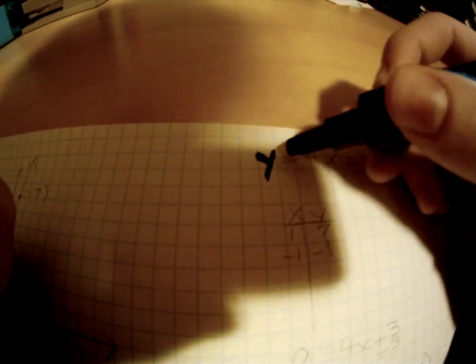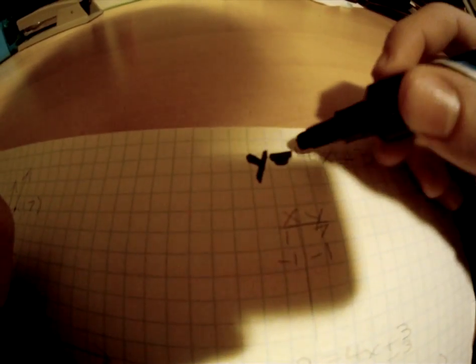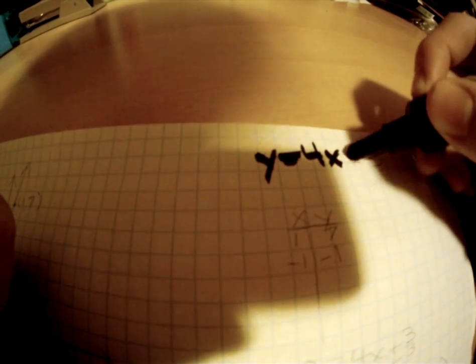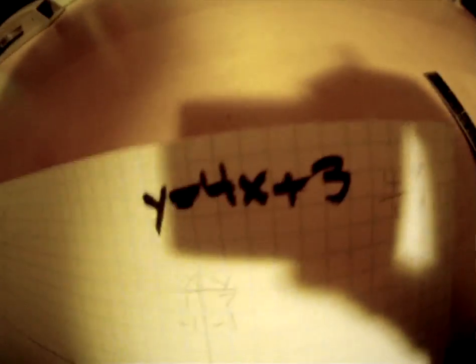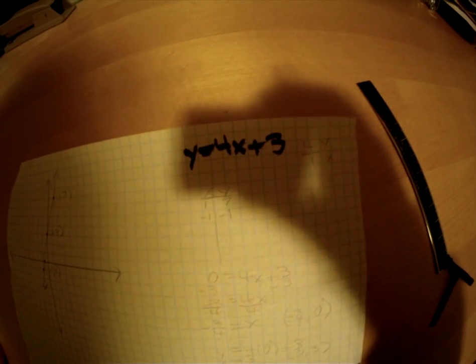Our regular problem will be y equals 4x plus 3. Now, to solve that, we can make a graph. So we can draw up our coordinate plane with our straight edge.